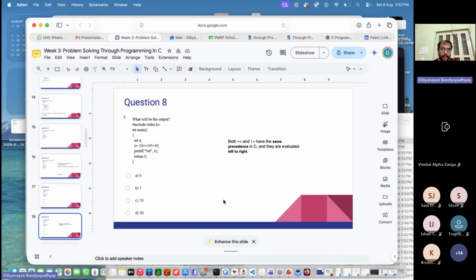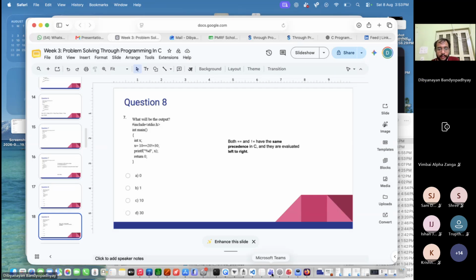Whenever these kinds of nested operator questions come, see what the operators are, what their precedence is, and whether they are evaluated from right to left or from left to right. Based on that, answer the question. But for that, you have to remember lots of things. There is a host of operators in C, and there are precedence rules that you have to memorize. Even I tend to forget it from time to time, so you have to keep in touch.